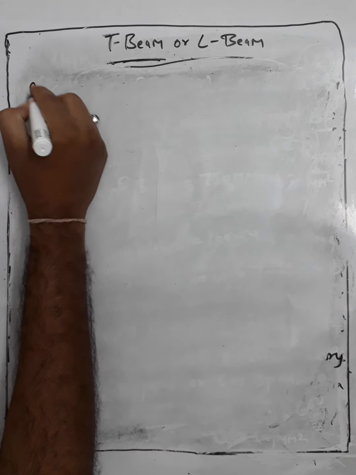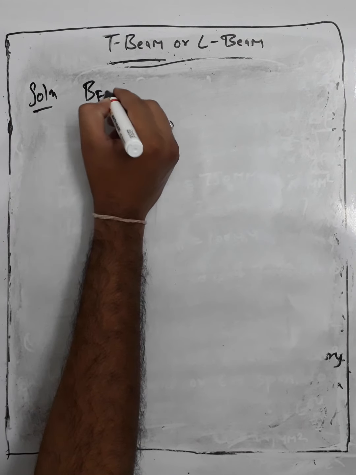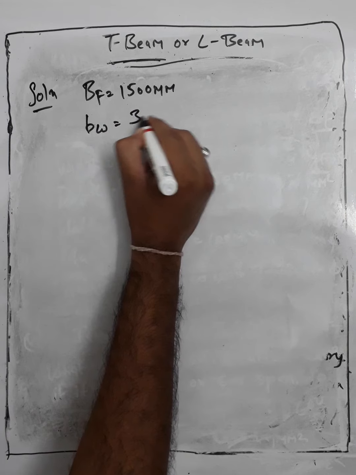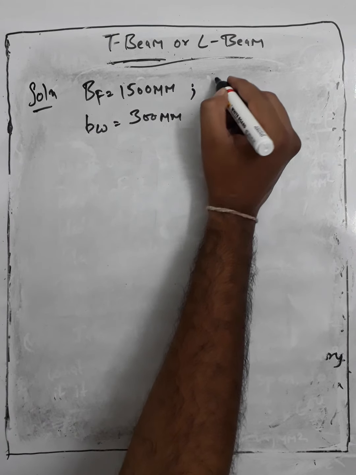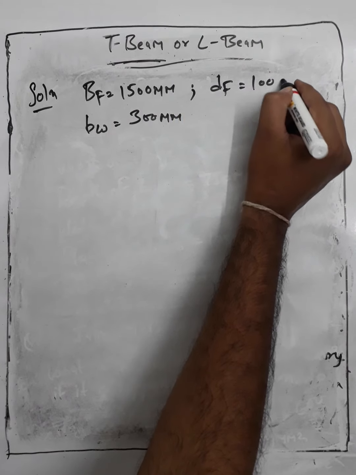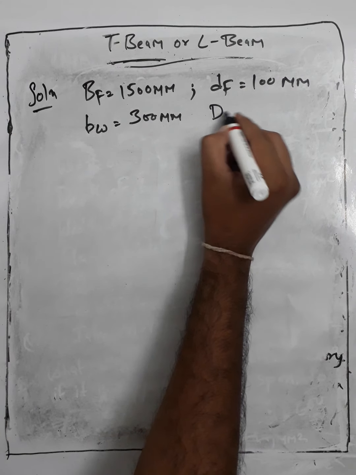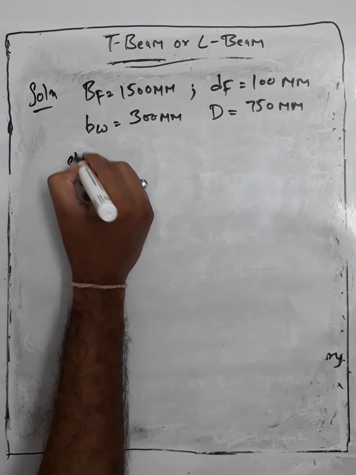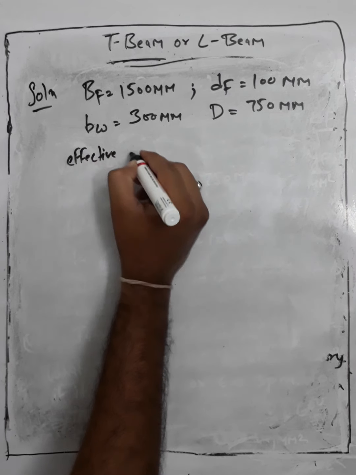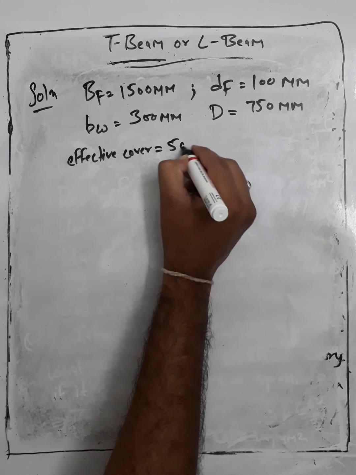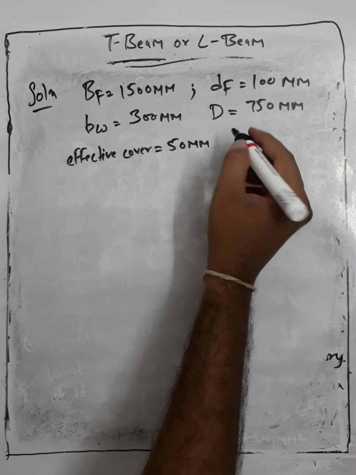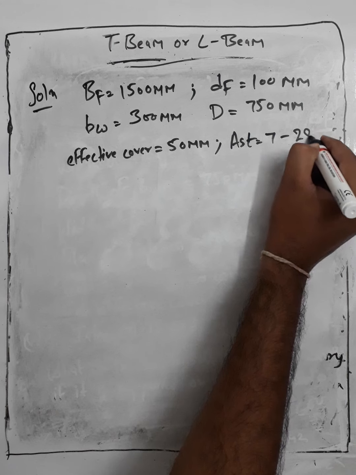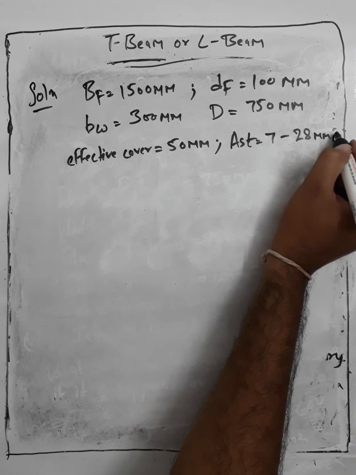So first, we have given BF is equal to 1500 mm, BW is equal to 300 mm, DF is equal to 100 mm, capital D is equal to 750 mm, effective cover is equal to 50 mm, AST is equal to 7 bars of 28 mm dia.